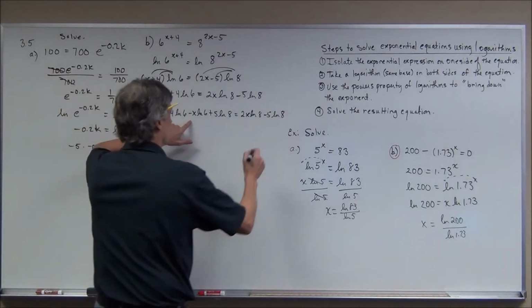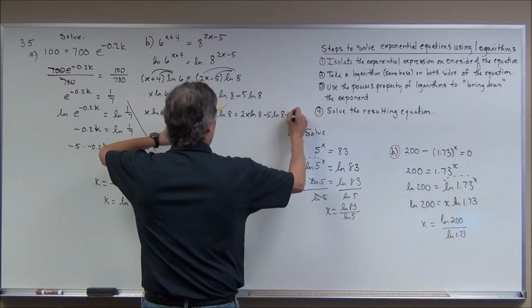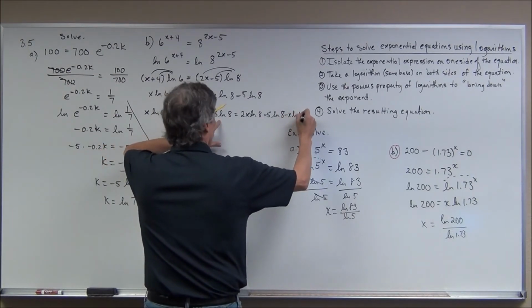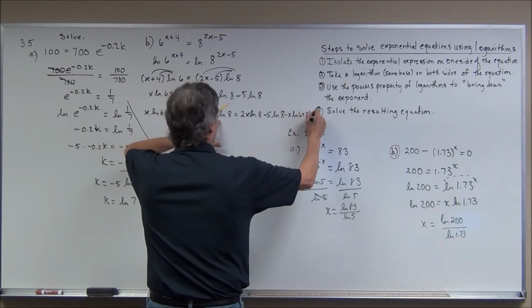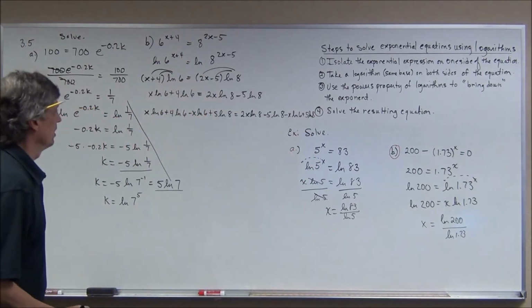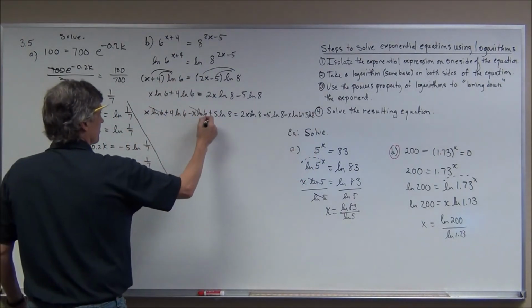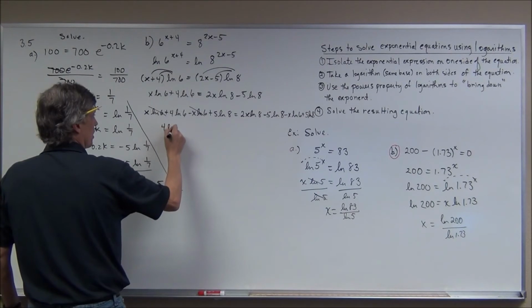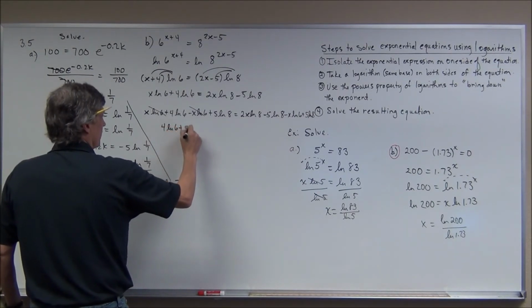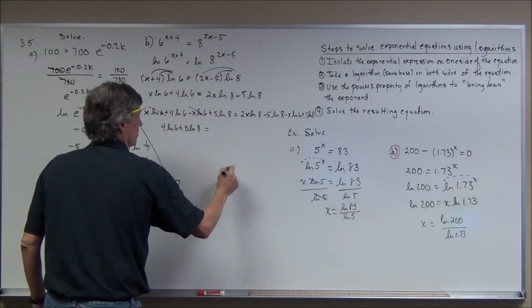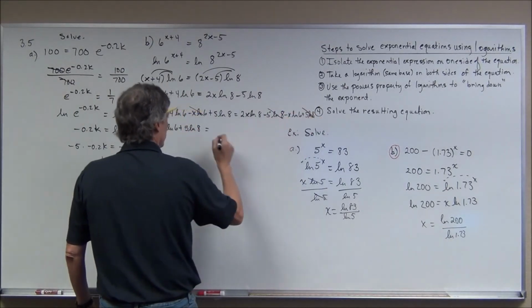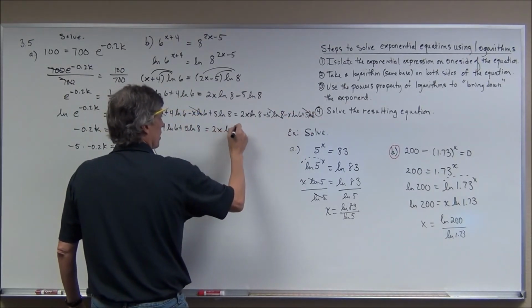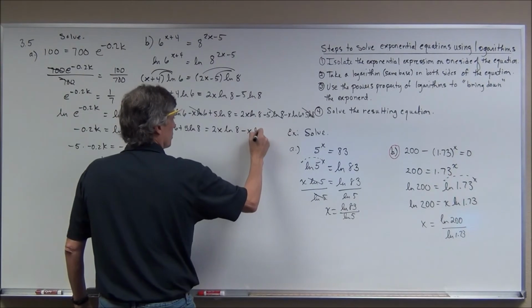And then I am subtracting x natural log of 6, and I am adding 5 natural log of 8. All right, these are going to cancel. I'm going to have 4 natural log of 6 plus 5 natural log of 8 is equal to, these are going to cancel, 2x natural log of 8 minus x natural log of 6.